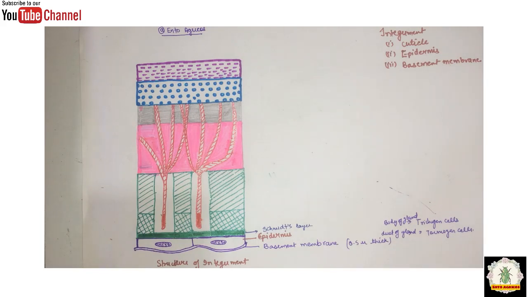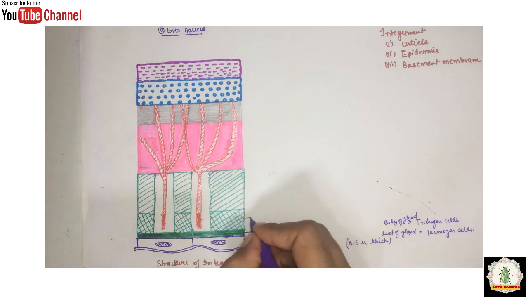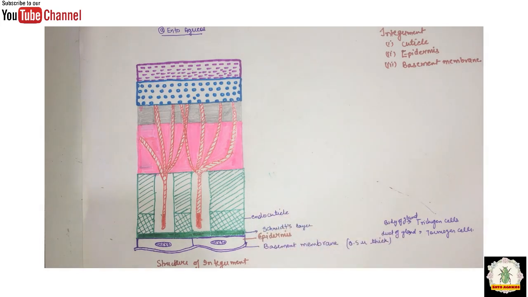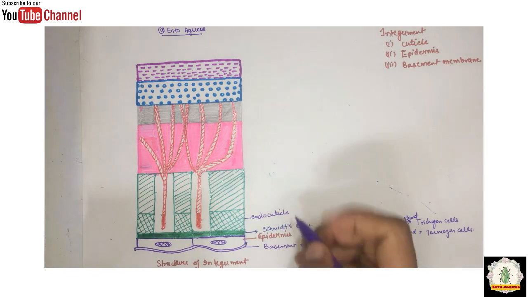Above the Schmidt's layer, there is the endocuticle, and this endocuticle is a part of procuticle, and it is undifferentiated.